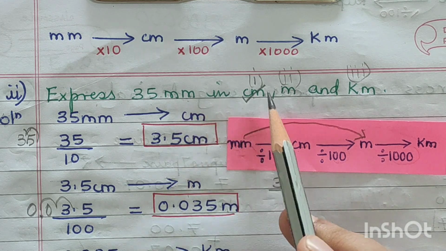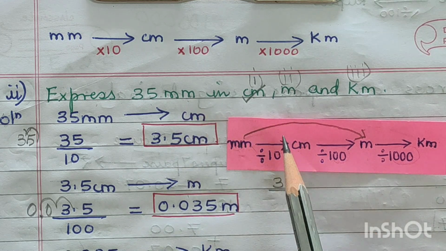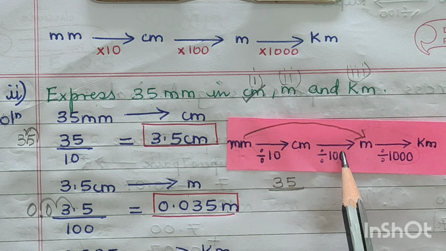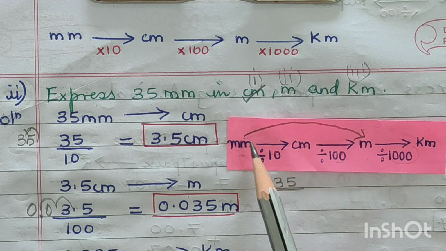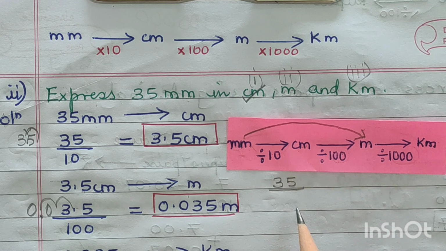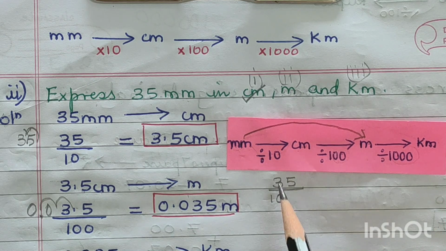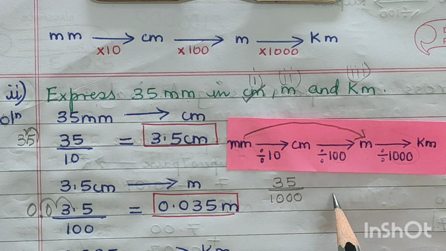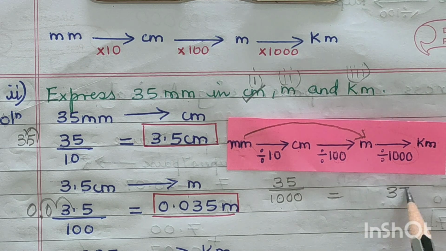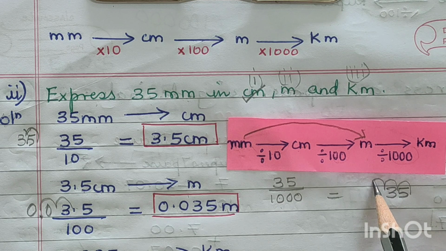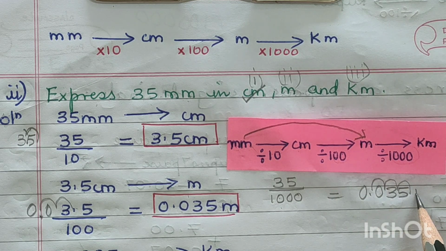So 35 millimeters, if you want to convert to meters, it means divide by 10 and divide by 100, from millimeters to meters. So it will be the 10 and these two zeros of 100. So 35 divided by 1000, which will be equal to 35, decimal point is here, so 1, 2, 3, 0.035 meters will be our answer.